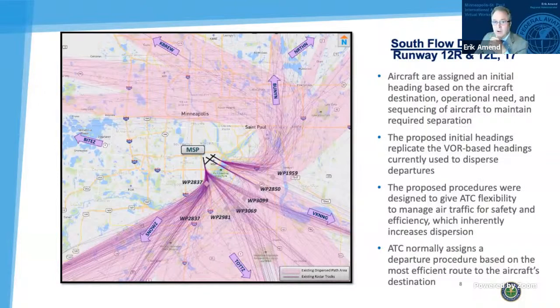If we have pure RNAV, that's like a straight line over the same people all day long, multiple flights all day long. And that's not dispersion. And that's not what's happening today. And that's not what's in the proposed plan. We're planning in the proposed plan to operate much the same way we do today, to make sure that the noise and the flights are indeed dispersed. So thanks for the perspective on that.